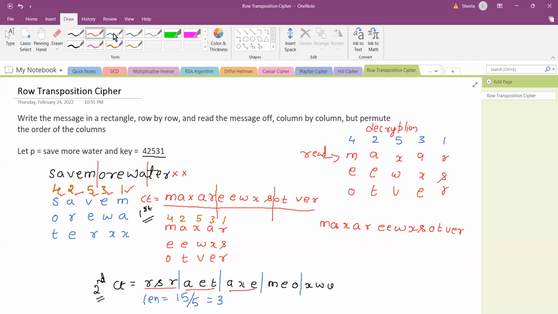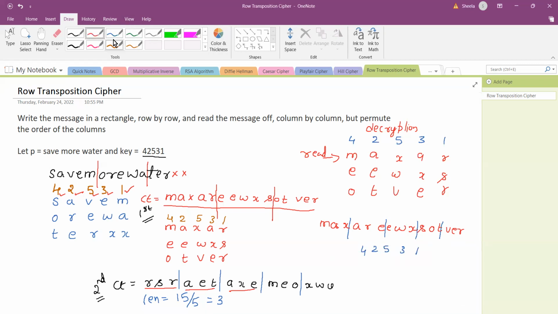Again the length will be the same, so we divide after every 3 elements. We divide this ciphertext and write according to the column order given, that is 4, 2, 5, 3, 1.